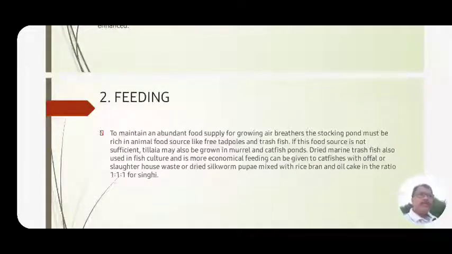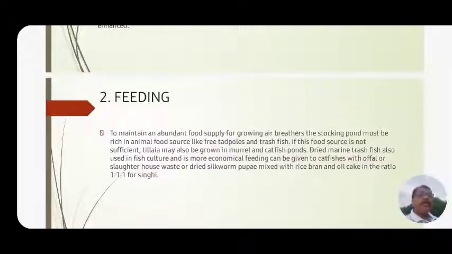These fish produce tremendous quantities of eggs and fry, and this spawn and fry can be used as food for the catfishes or the morels. That's why tilapia is cultured in the ponds where catfish and morels are grown, and the tilapia spawn, fry and fingerlings are used as food.